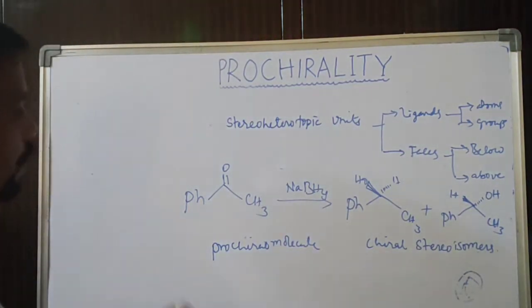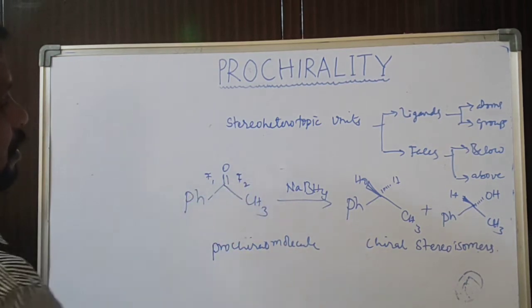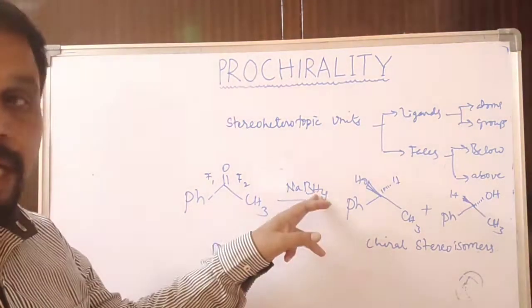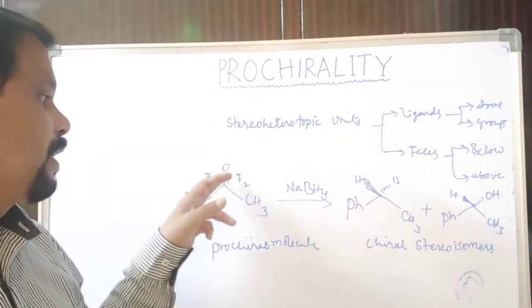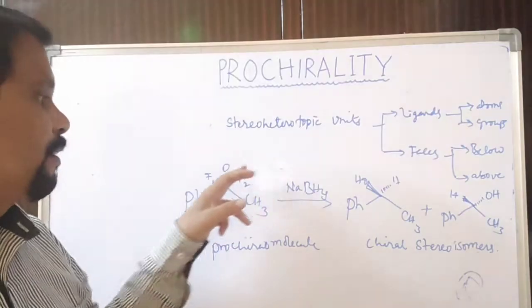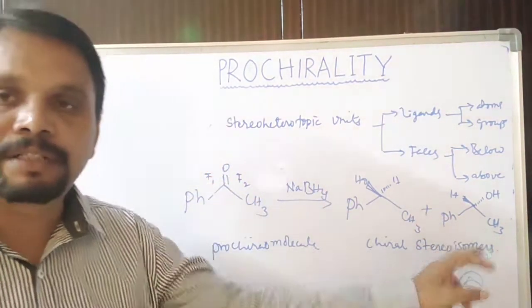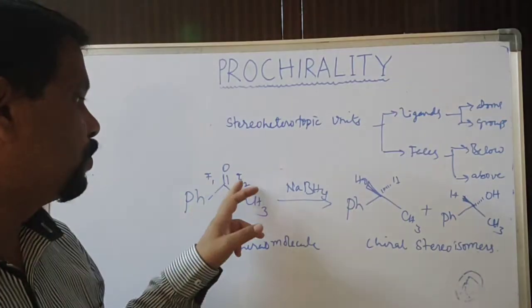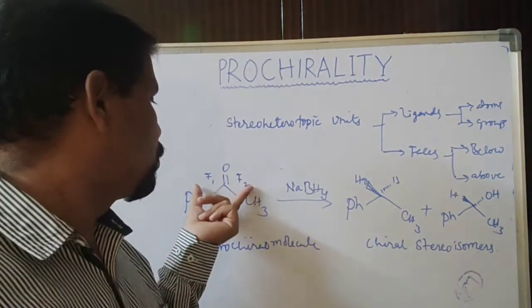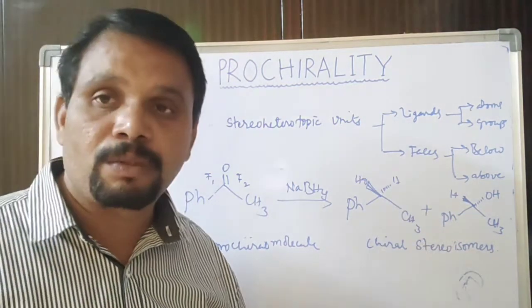Okay, so here face 1 and face 2. The hydride comes from the front side or from face 1 or face 2. If it comes from the front side, you will get one. If it comes from the back side, you will get this one. The two faces, by involving these, produce chiral stereoisomers.